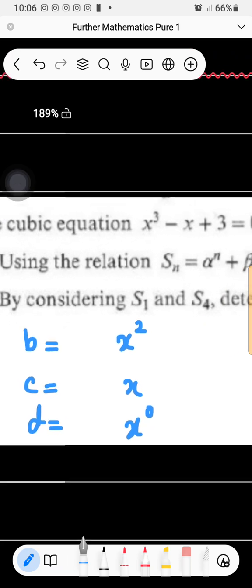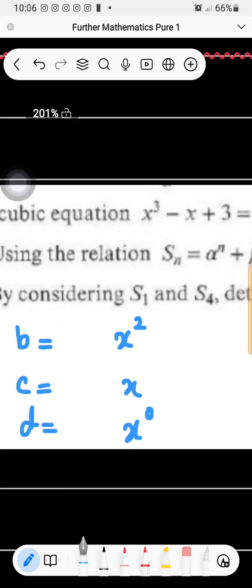So what is the coefficient of x square? We can't see x square in the equation, it means the coefficient is 0, so b is equal to 0. Then we see the coefficient of x, it is negative 1. Then we want the coefficient of x power 0, meaning the constant, which is 3.